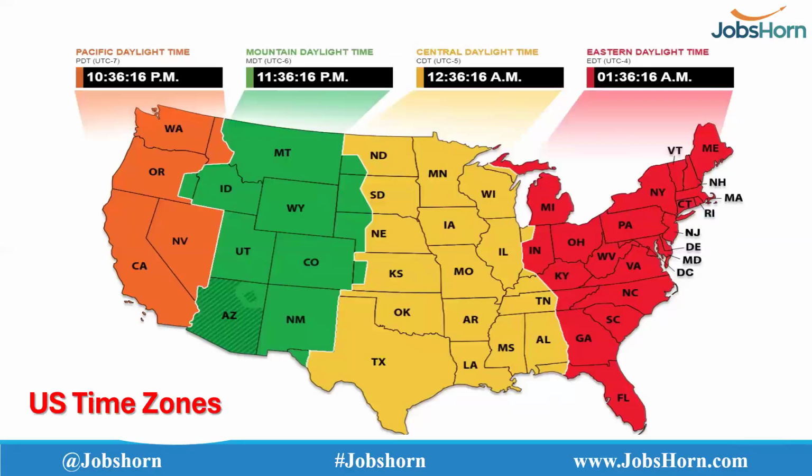Here, guys, this is a visual representation of time zones. Now here are the time zones EST, CST, MST, and PST. For EST, the time shown is 1:36. Central is 1 hour less than EST, 12:36.